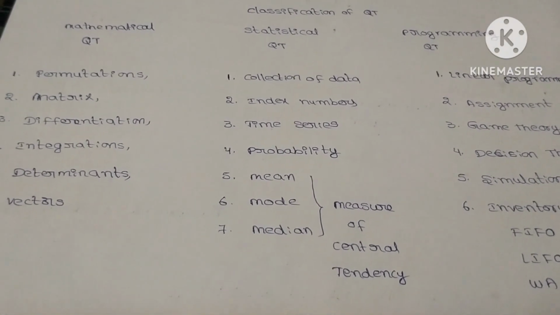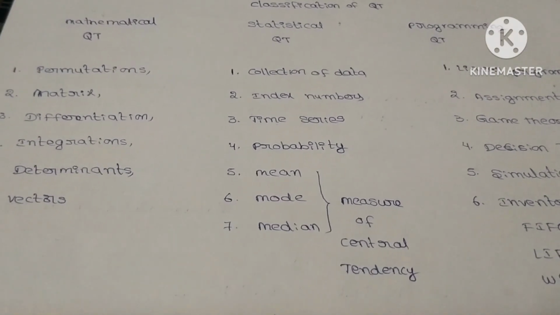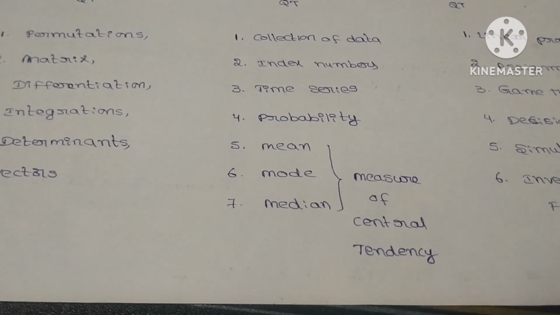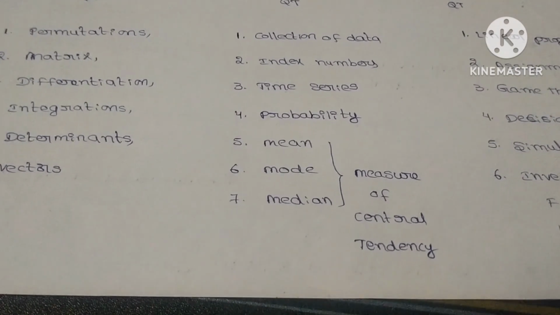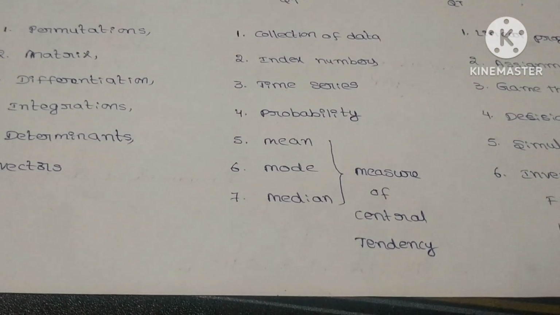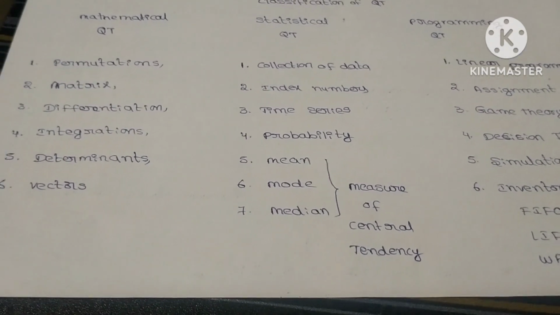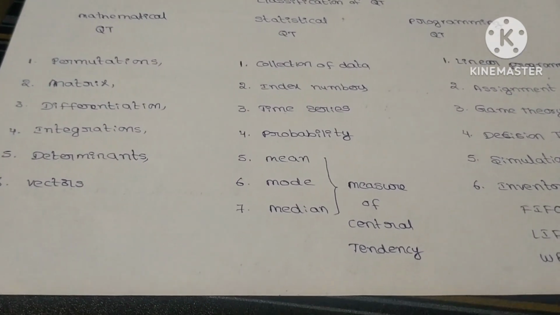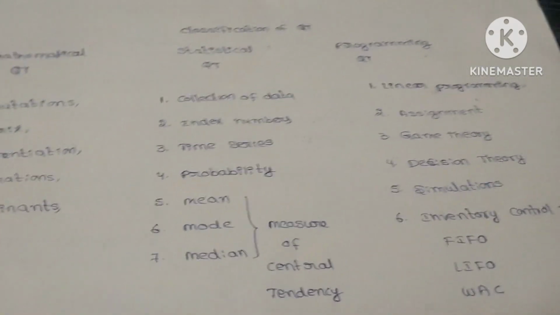Statistics is a part of mathematics below the secondary school level, and we all know probability. Fifth one is mean, mode, and median. These are all measures of central tendency. So 10th class statistics consists of mean, mode, median, and many more.